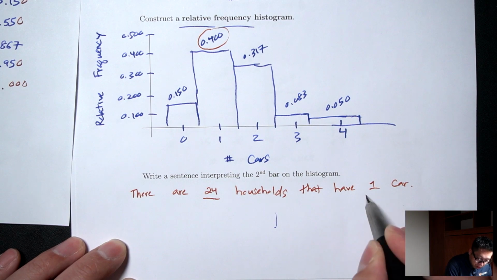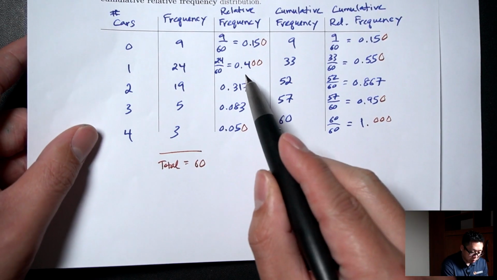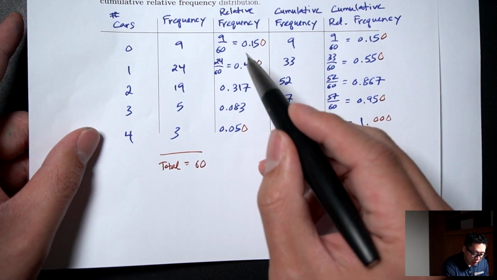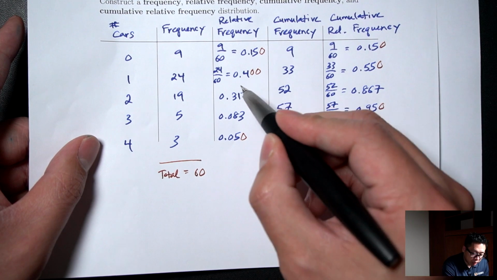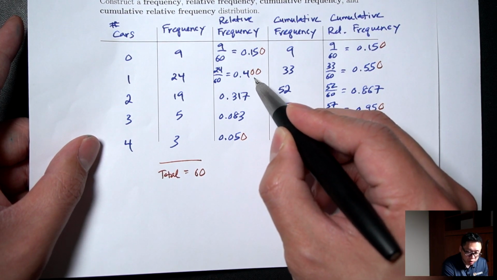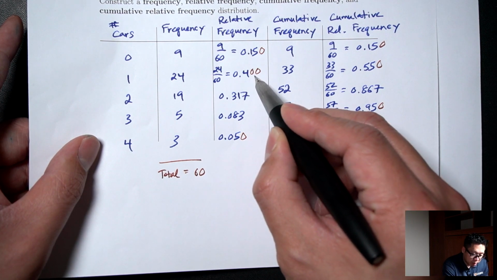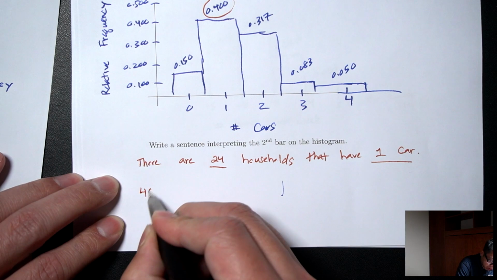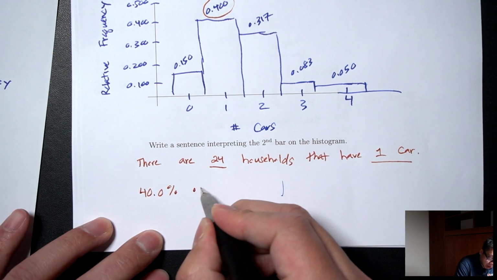They have one car. Now, the 0.400, so anytime we are interpreting a relative frequency, I want you to convert it to a percent. So we're going to move the decimal point 2 to the right, which is the same thing as just multiplying by 100. 2 to the right, it's 40.0, so that's 40.0%. So 40.0% of the households.